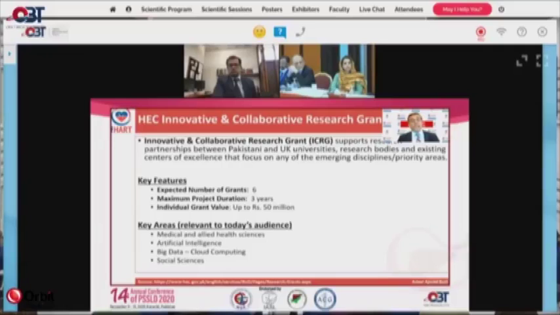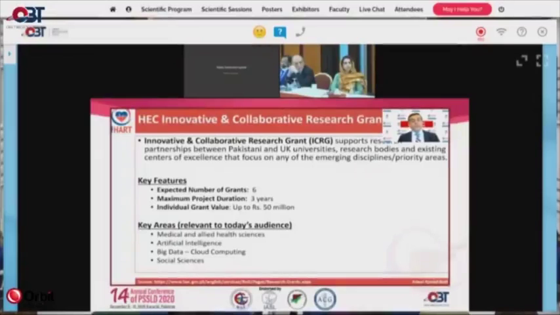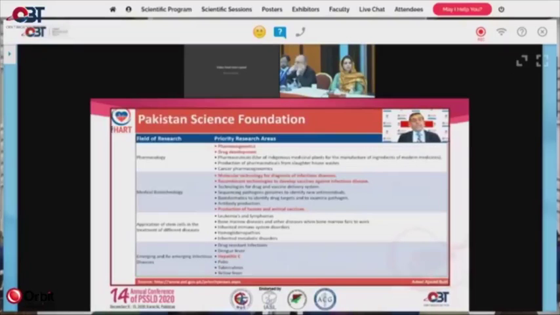There were many key areas that HEC was interested in, but ones relevant to today's audience are medical and allied health sciences, artificial intelligence, big data, and cloud computing, which you can use for healthcare-related research and social sciences research.